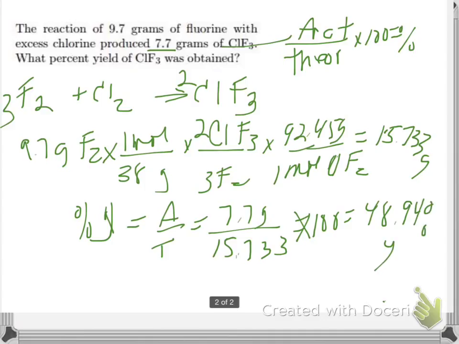Okay, so I need the extra decimal places to give that answer, and have Quest give it to me as correct. But we only want 2 sig figs in our answer, so if you're doing this in your notebook, which you should be, that'd be a 49% yield. Okay. Hope that helps.